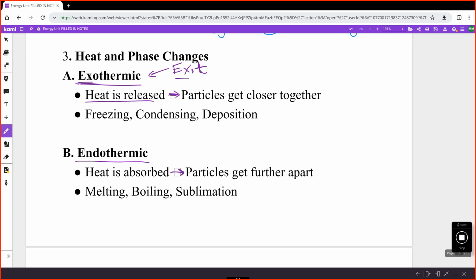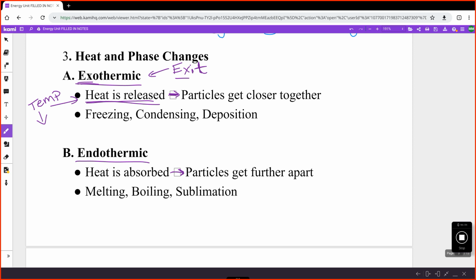Now, if you think about it this way too, when heat is being released, we would have to imagine that temperature of that substance would have to be decreasing. Right? The temperature has to decrease if heat is released. If you spontaneously started losing heat, you would get cold, right? Because you would have less heat. And so the same thing goes with phase changes.